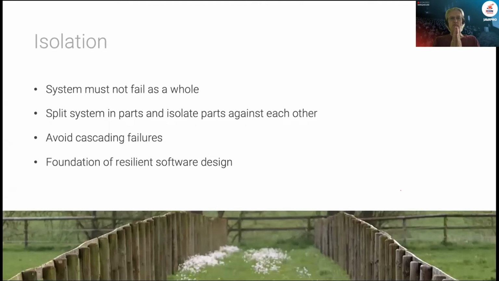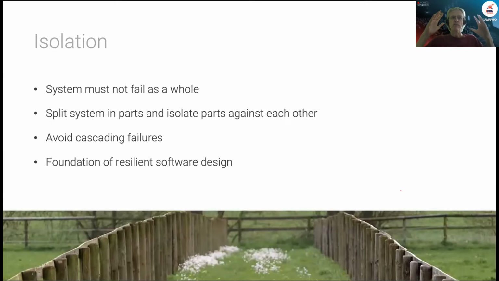Let's talk about isolation for a second. Isolation is a core principle of fault-tolerant software design. Fault-tolerant software design is, let's say, a prerequisite, a foundation for resilient software design. Without robustness and fault tolerance, you will never be able to implement some kind of resilience into your applications. One of the core concepts here is isolation.